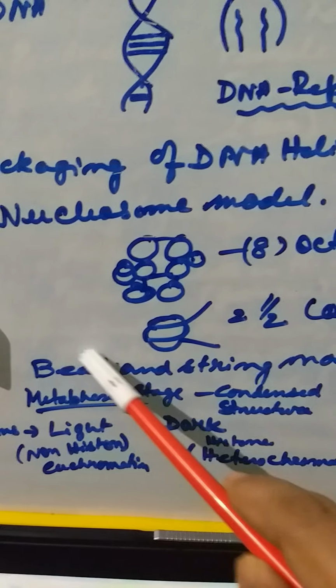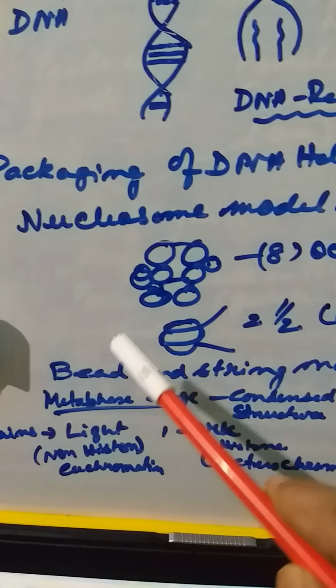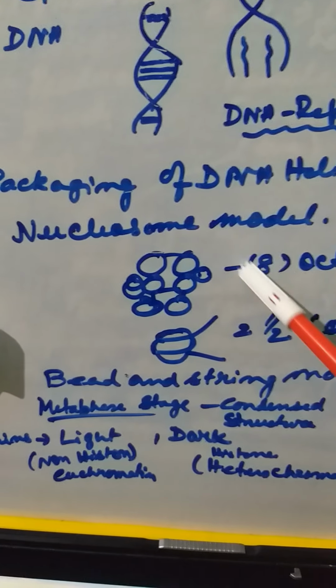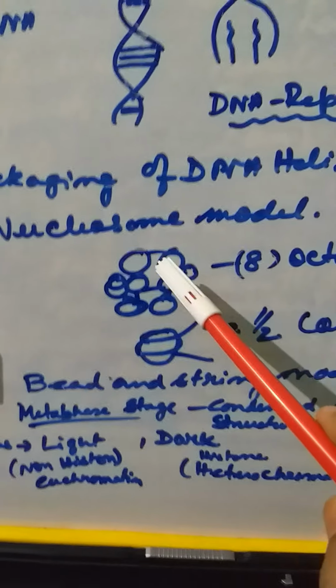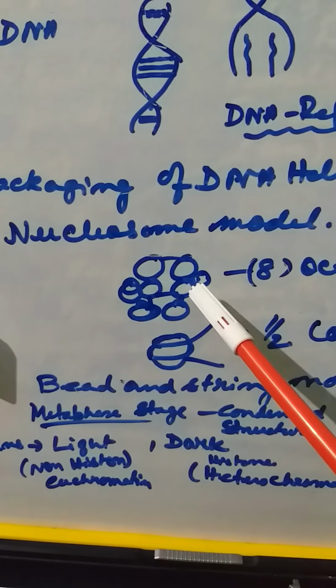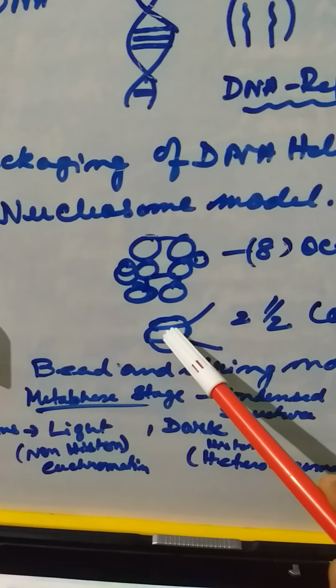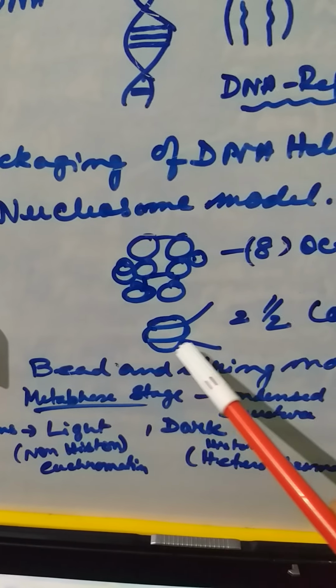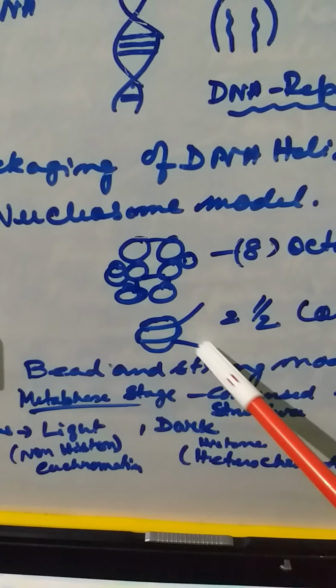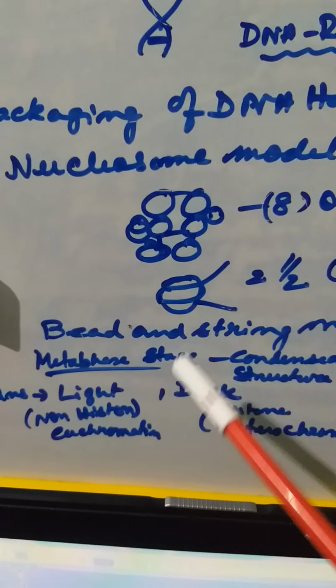Now these round structures are basically made of protein, that is an octamer of histone protein, that is 8 molecules are there, and over this histone protein there are 2.5 turns of coiling DNA. So together they form the chromosome.